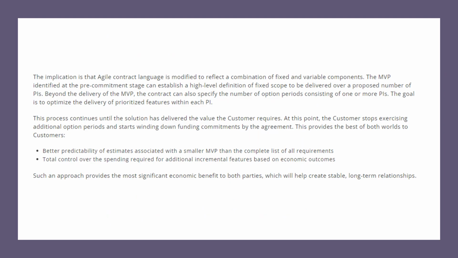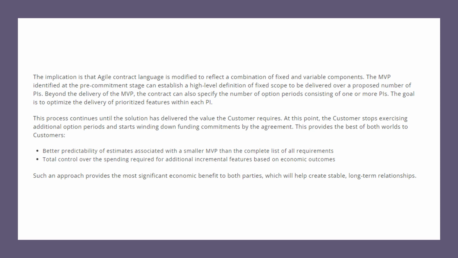If you want to look at the summary, the implication is that Agile contract language is modified to reflect a combination of fixed and variable components. The MVP identified at the pre-commitment stage can establish a high-level definition of scope to be delivered over a proposed number of PIs.